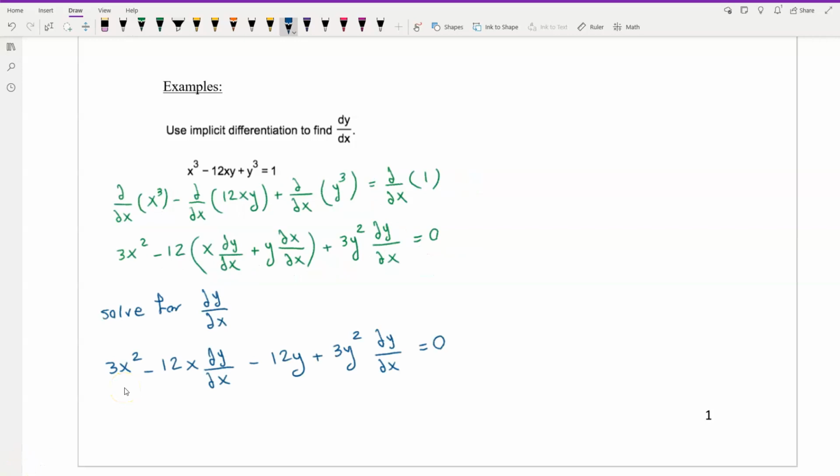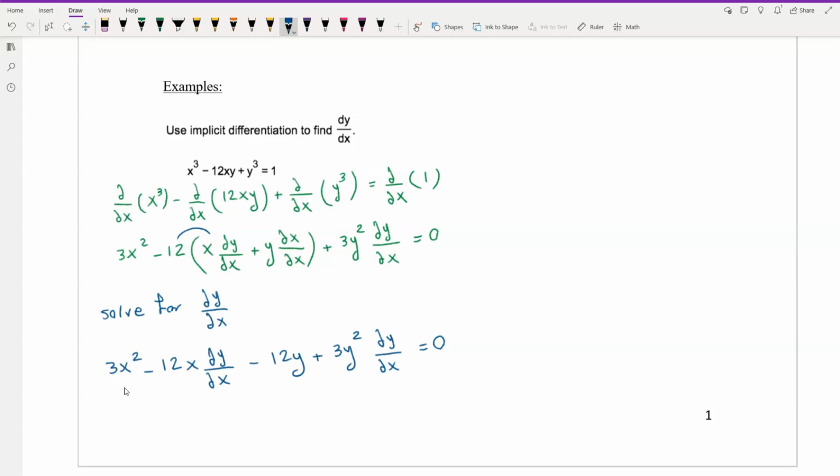Now we have to solve for derivative of y with respect to x. So this is 3x squared minus, multiply. So here we have negative 12 times x derivative of y with respect to x minus 12 times y. And here derivative of x over derivative of x is 1.